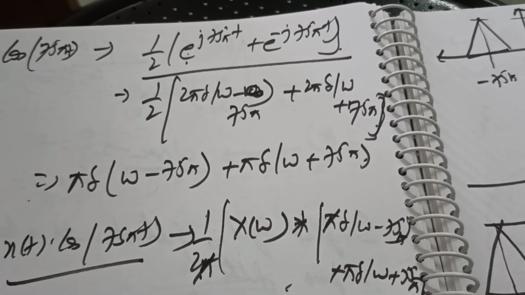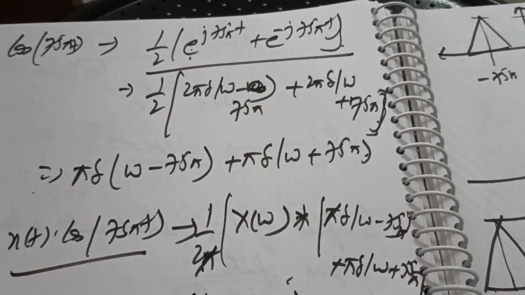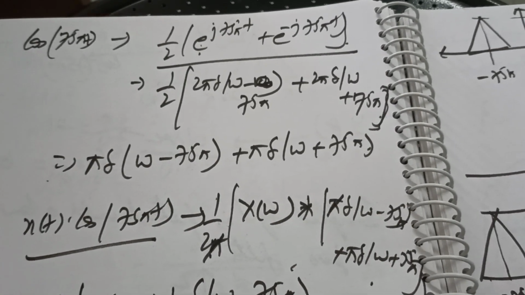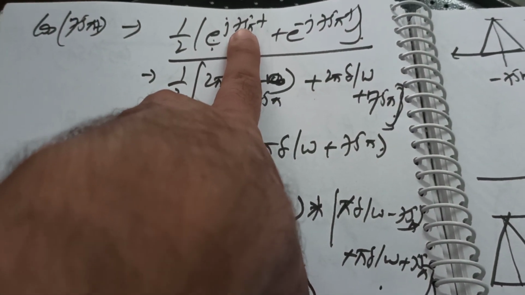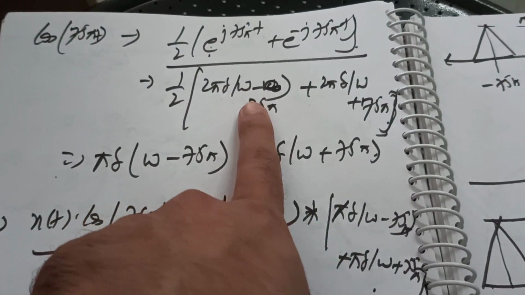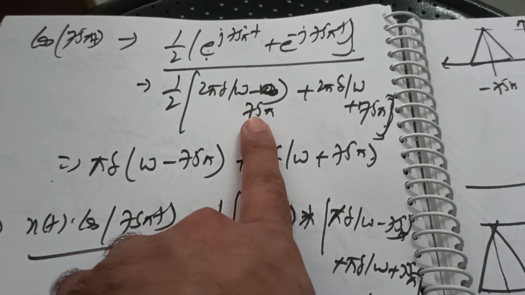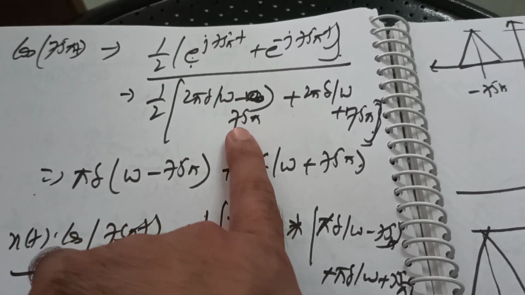From that scenario, no confusion will be left. When we put this equal to 0, it gives omega equals 75 pi.